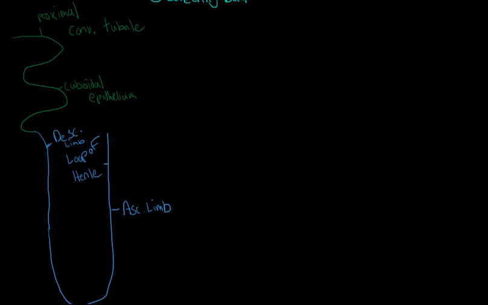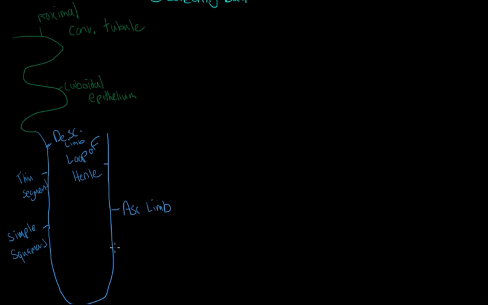And the descending limb of the loop of Henle is going to be simple squamous. And the whole descending limb is then going to be the thin segment as well. The thin segment. And that's the simple squamous segment.